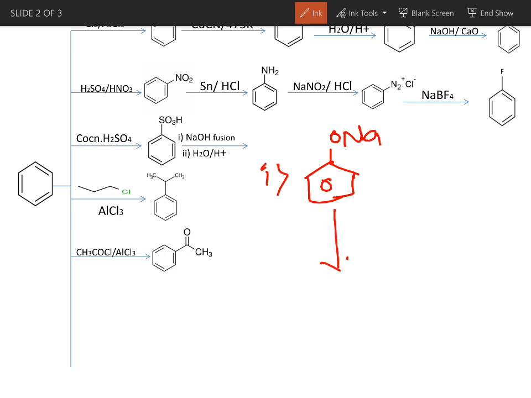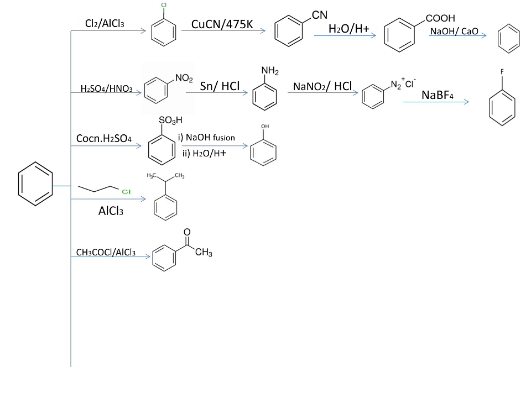In the second step, on further hydrolysis with water, HCl or sulfuric acid, any reagent, it will give a compound known as phenol. So the product here is phenol.